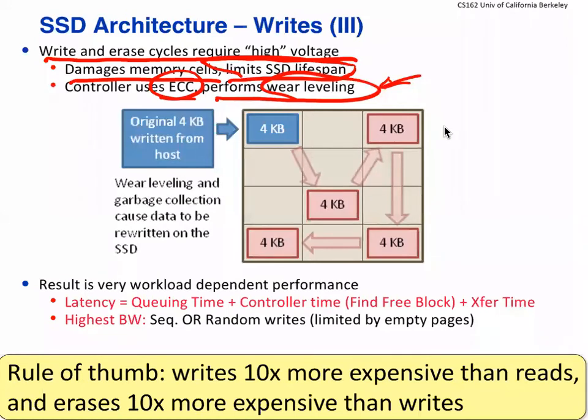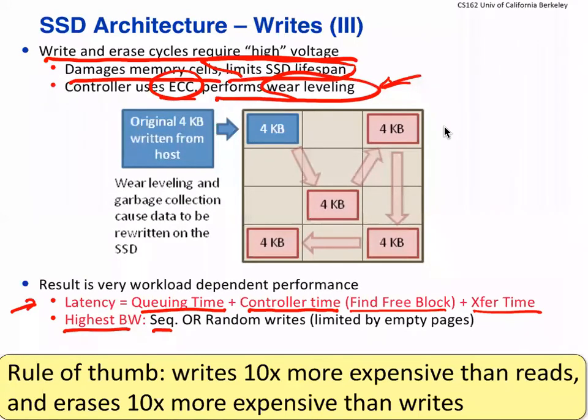All right, and we can calculate latency as queuing time. There are multiple operations from multiple processes, and they have to be queued up. Then controller time. The controller has to be very intelligent here. It has to find a free block, etc., and then the transfer time. The calculation of bandwidth here is slightly different.